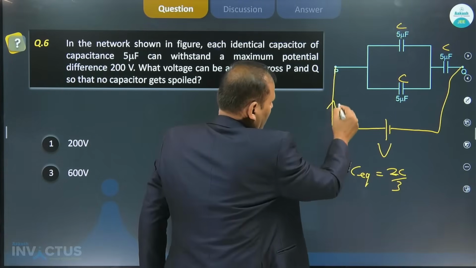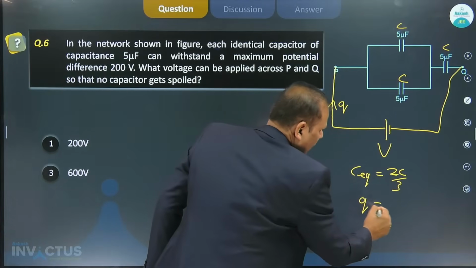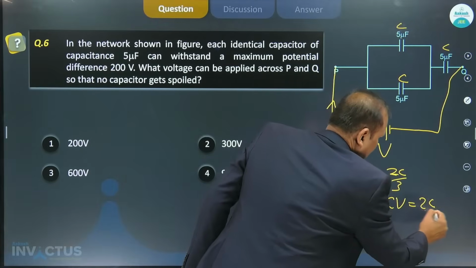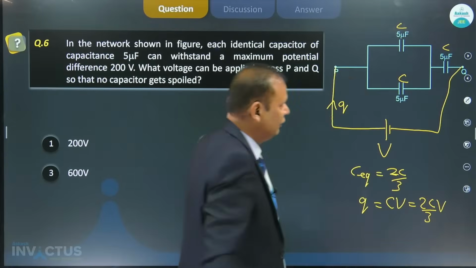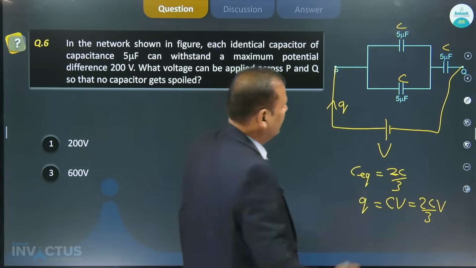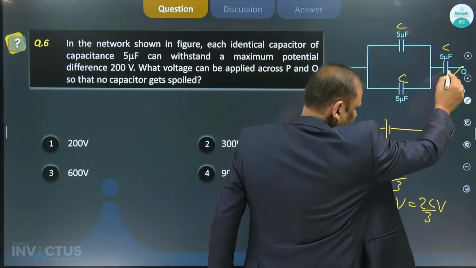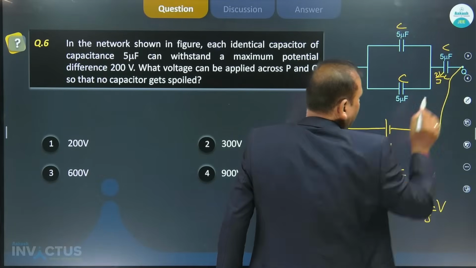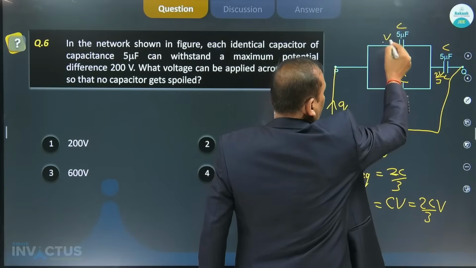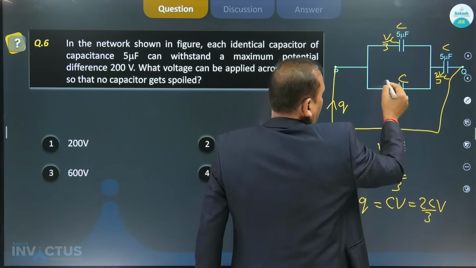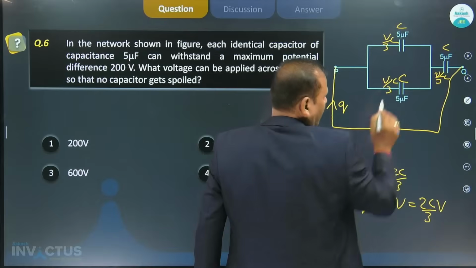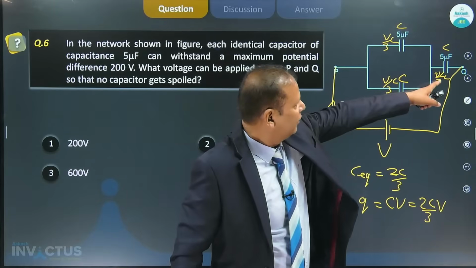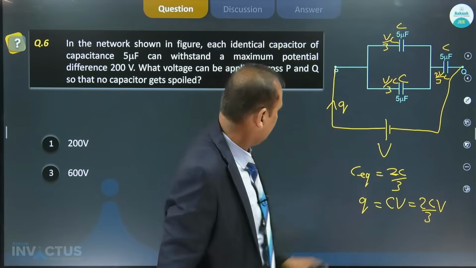So charge Q is equal to CV, that is 2C by 3 into V. This is the charge. So here the charge will be 2V by 3 into C, here V by 3 into C, here V by 3 into C. So the potential is maximum here, 2V by 3.